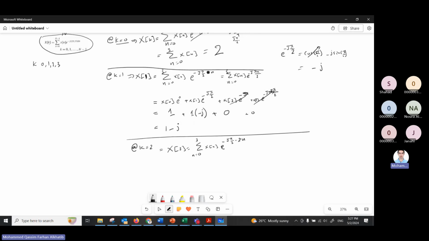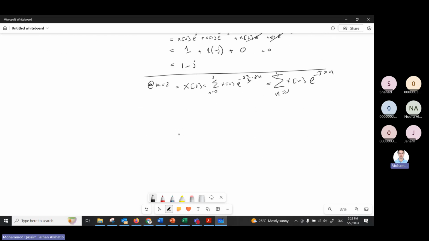So the 2 and 2 will be gone. Now my expression is the summation n equals 0 to 3 of x of n e to the power minus j pi n.